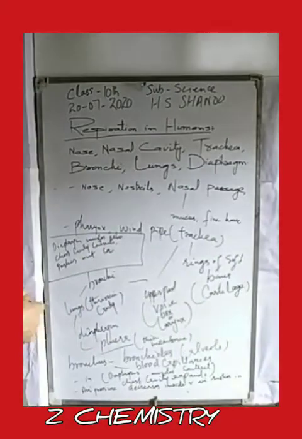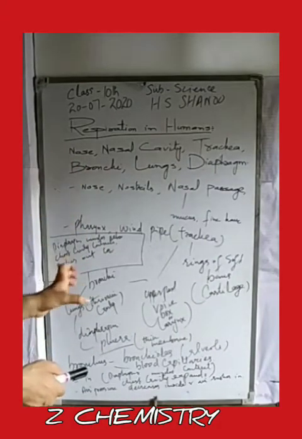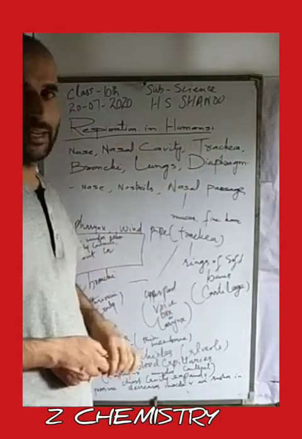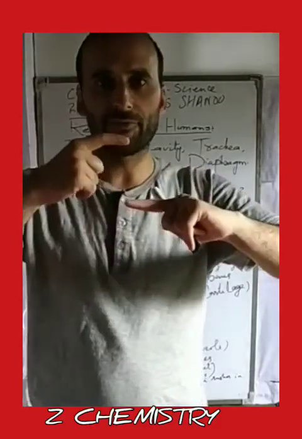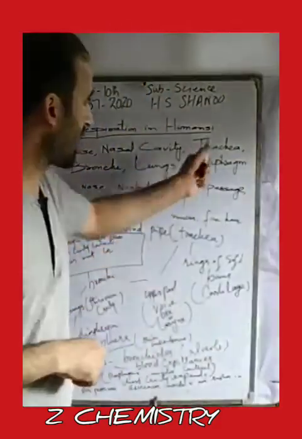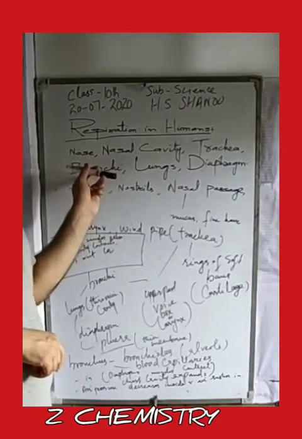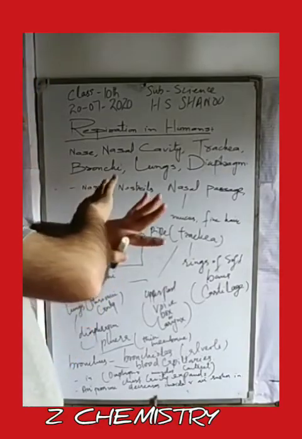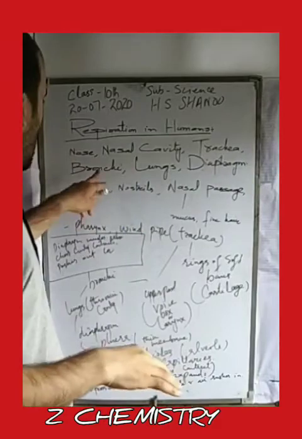The organs involved in respiration are, first, the nose, then a passage or canal called the nasal passage or nasal cavity. Then there is the trachea, a ring of soft bones, and then the bronchi, which branch out further; this further branching of the bronchi is called bronchioles.